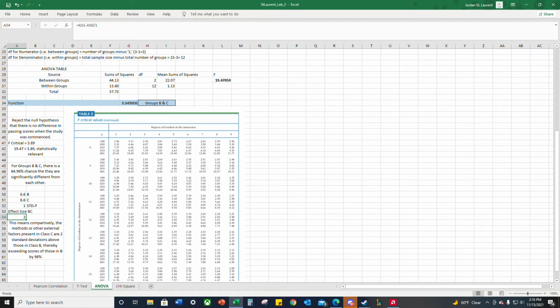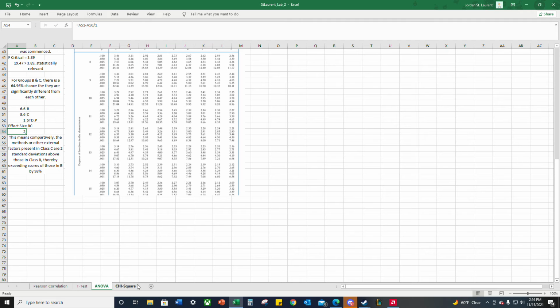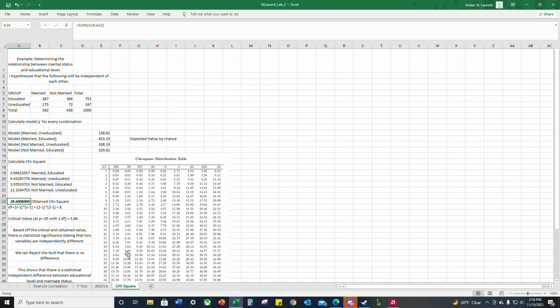Very good to know that formula for when you're testing data between multiple groups. And then the last set that we will be doing, time permitting, is the chi-square.